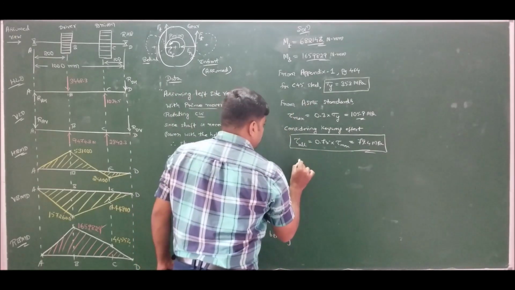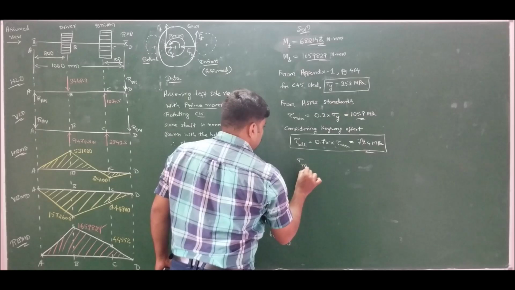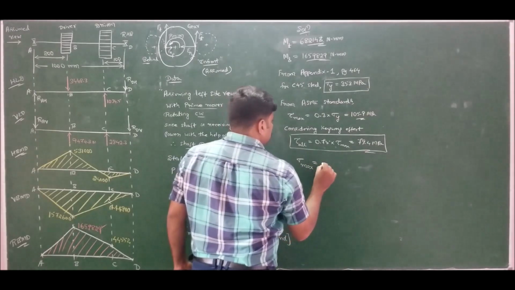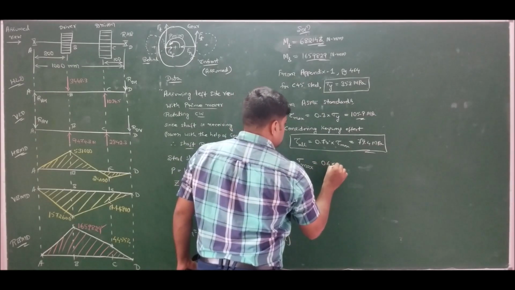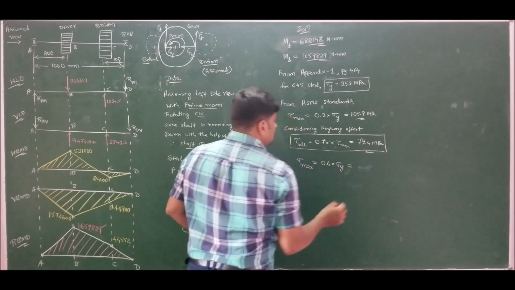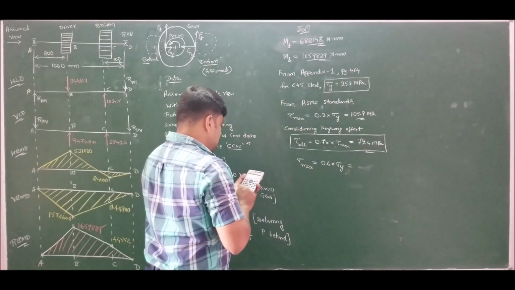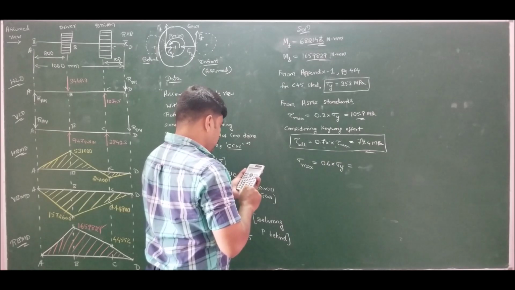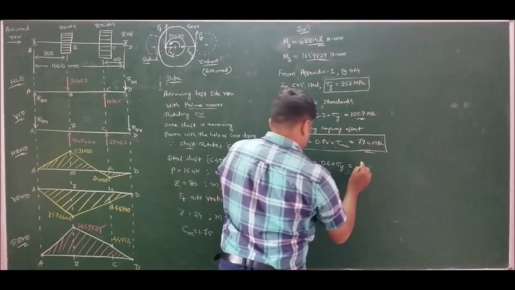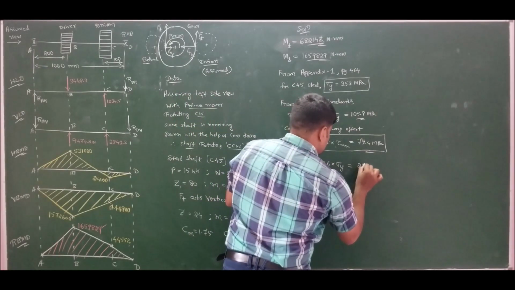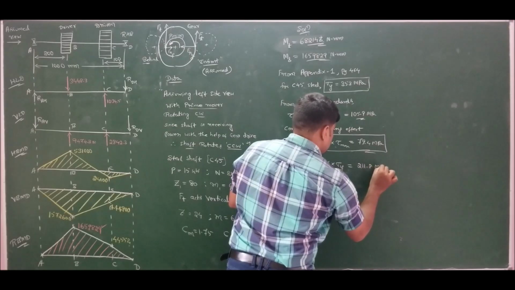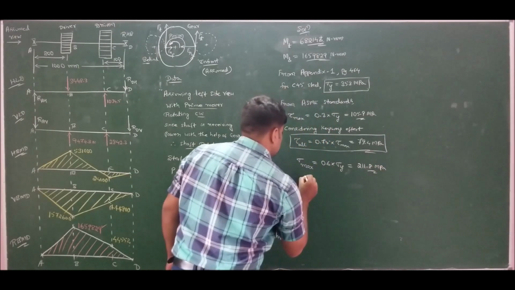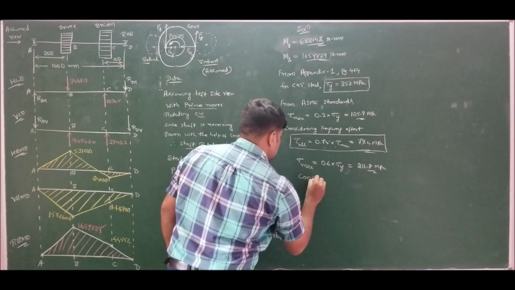Similarly, if I find for sigma allowable, we have sigma max is equal to 0.6 sigma yield. So 0.6 sigma yield, with 353 from the data handbook, I get the value as 211.8 megapascals.